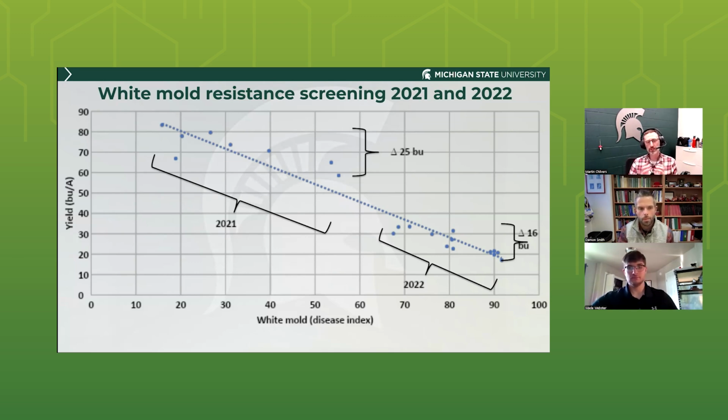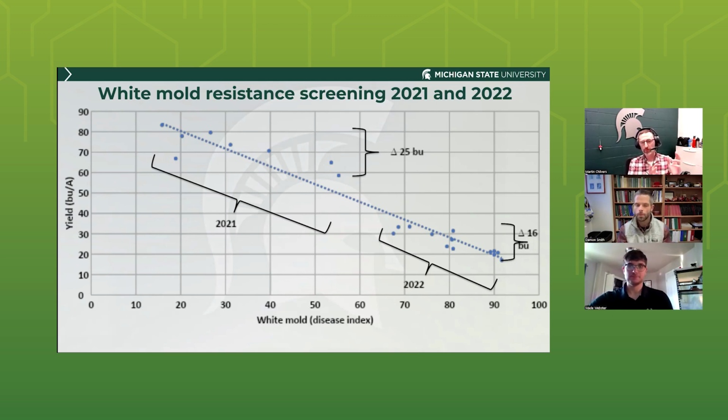I like to put this up because it demonstrates a couple of different things to growers. It demonstrates the difference between seasons. What we're looking at here is the white mold disease severity along the bottom axis and then yield. And there's a correlation like we just talked about. It might be a little more complex than this.